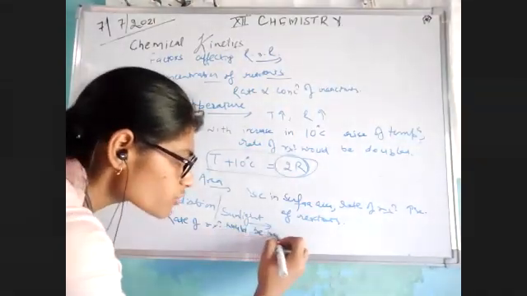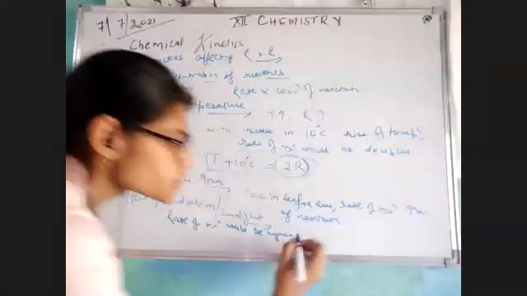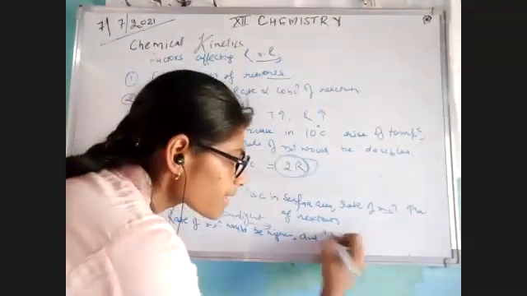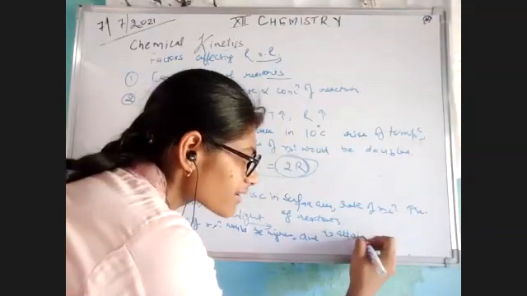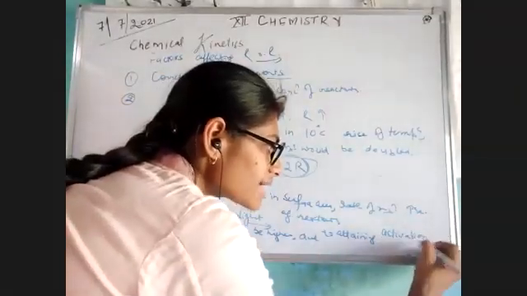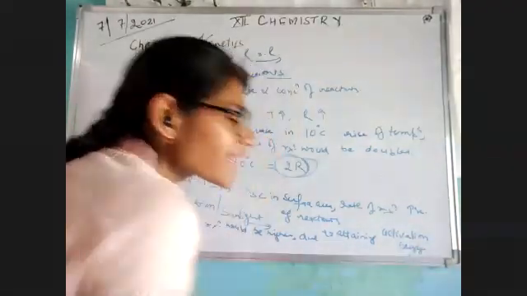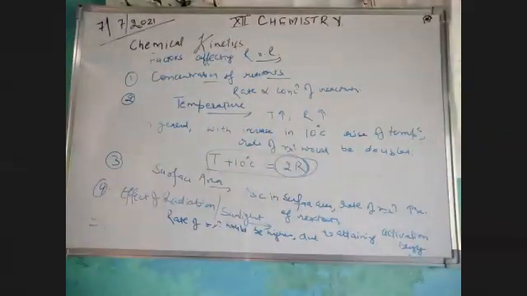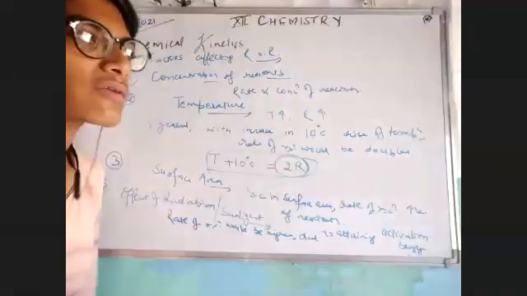And I can also say this can be achieved due to attaining activation energy. Have you heard about activation energy? In 11th class, activation energy is the minimum energy which a reactant requires so that it would convert into product.